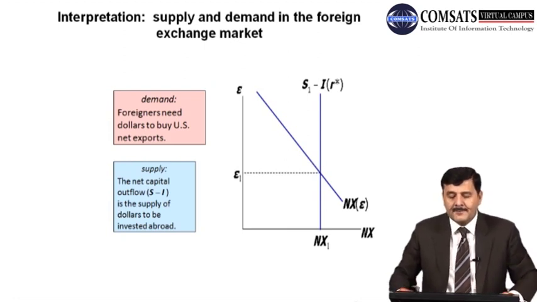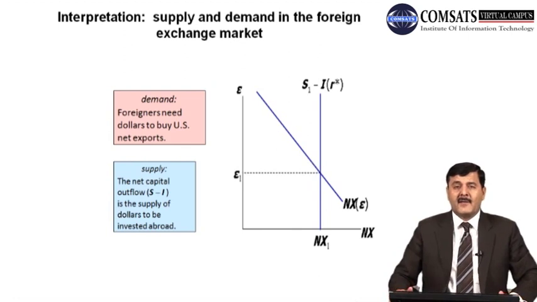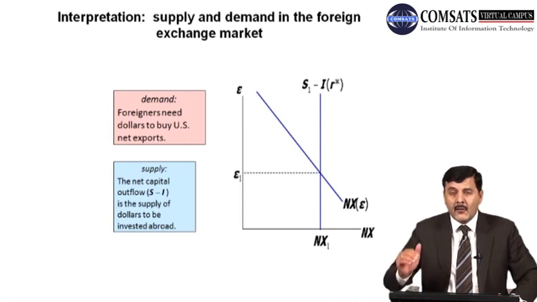So in this foreign exchange market, the supply is the net capital outflow, which is the difference between saving minus investment. And the demand is the foreign dollars needed and required to buy US net exports.